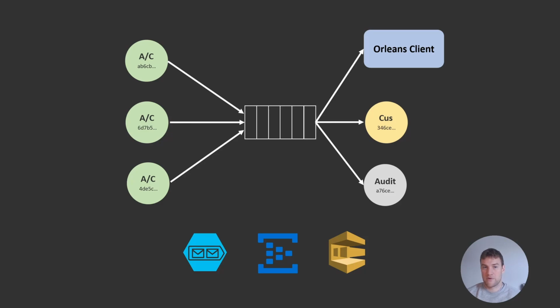In terms of stream order guarantees and delivery guarantees, these also depend on the underlying stream provider we are using. Some providers support first in, first out order guarantees, while others do not. We can use the provided stream sequence token object on our stream to help us with ordering issues. Some providers also provide at most once delivery guarantees, meaning that we'll receive our event from the stream no more than one time.